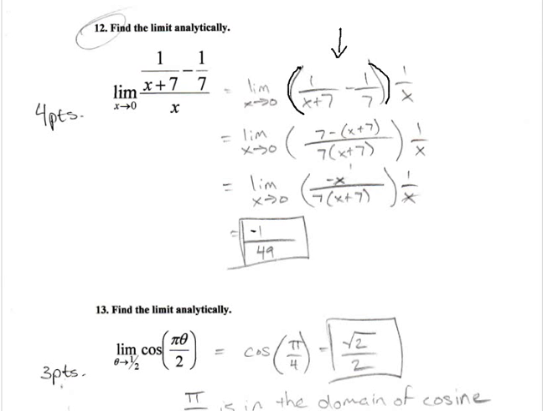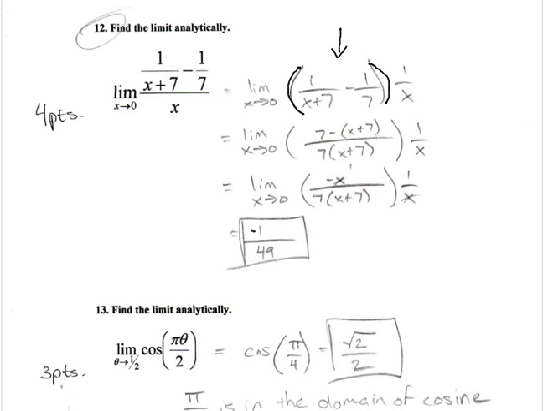So we can combine these 2 fractions together. This fraction is missing a factor of 7 in the denominator, so we multiply 7 on the top and bottom. This fraction is missing a factor of x plus 7, so we multiply x plus 7 on the top and the bottom of this fraction.